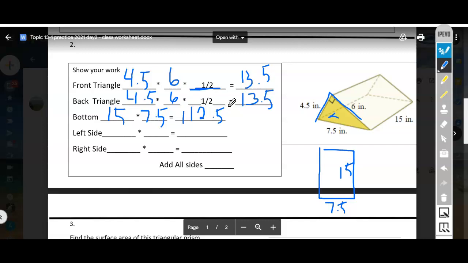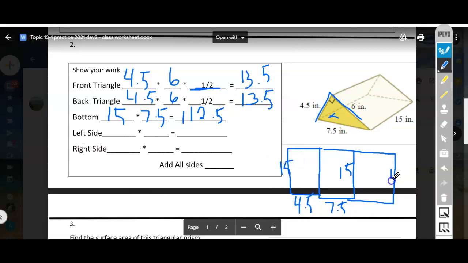All right. Then we've got a rectangle off to the right, and then we've also got a rectangle off to the left. So let's go left. What are the dimensions of that rectangle off to the left? 4.5 and 15.